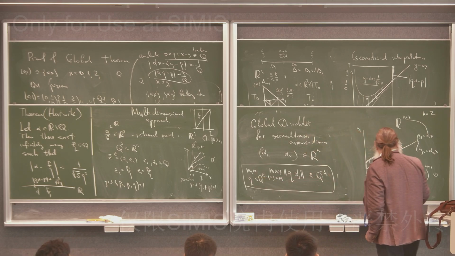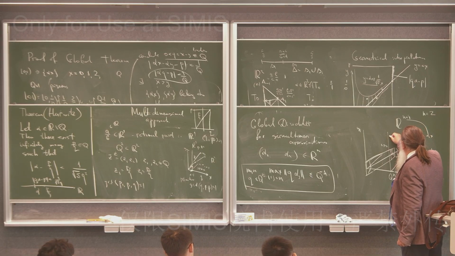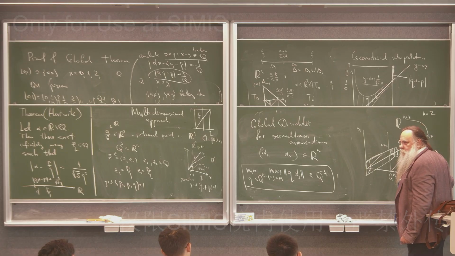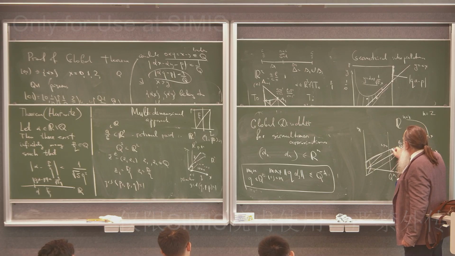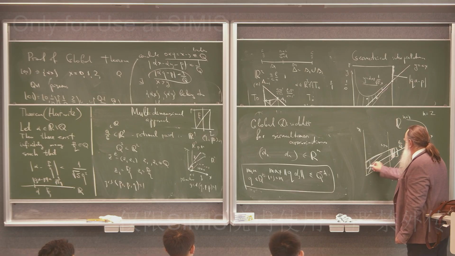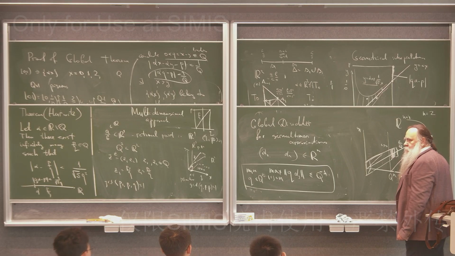So then here will be n-dimensional space. So the length of the edge is 2 over Q, and (2/Q) to the n is the n-dimensional volume of this box, multiplied by the height, which is Q^n. We have 2 to the n.